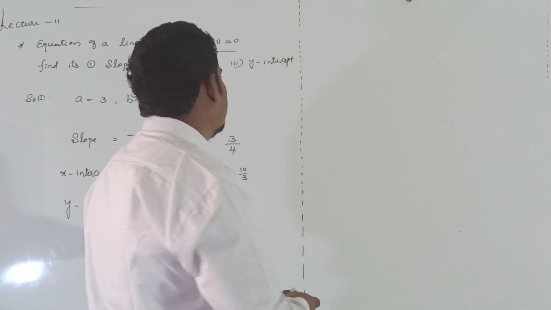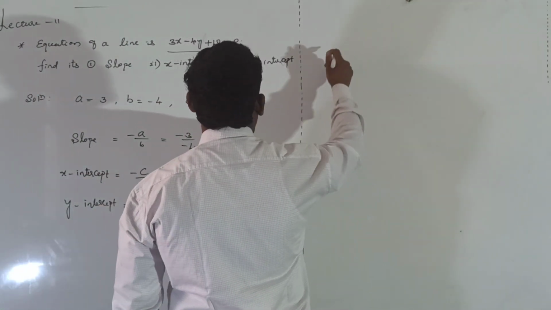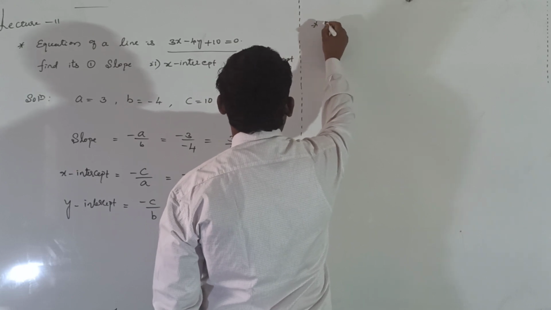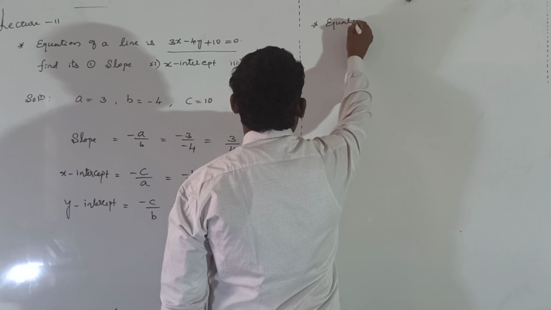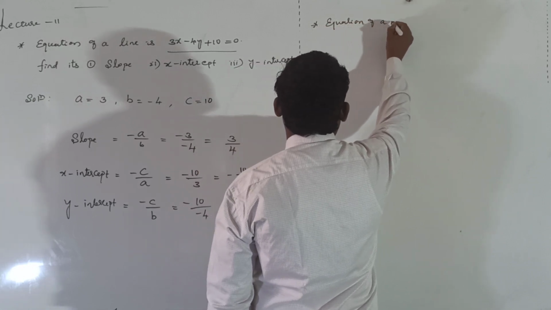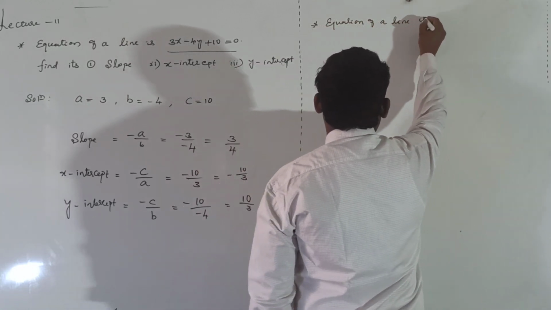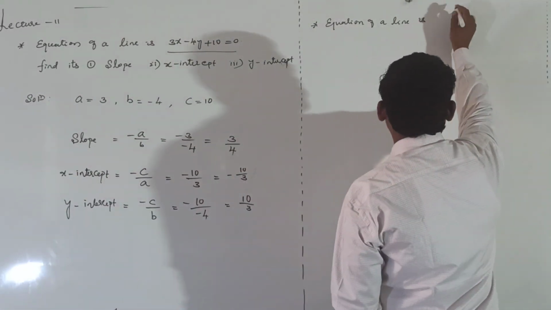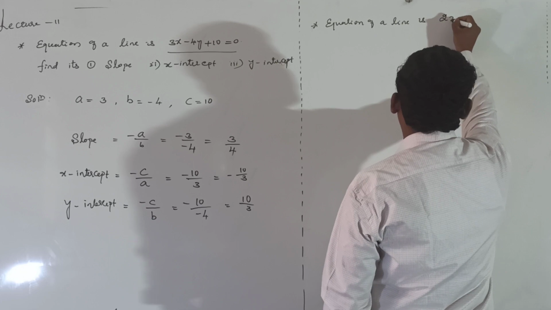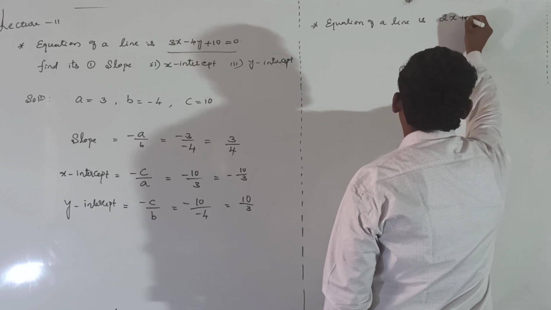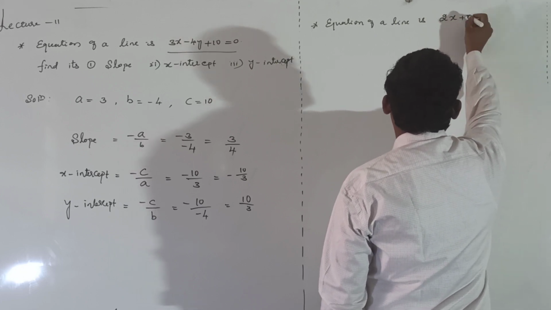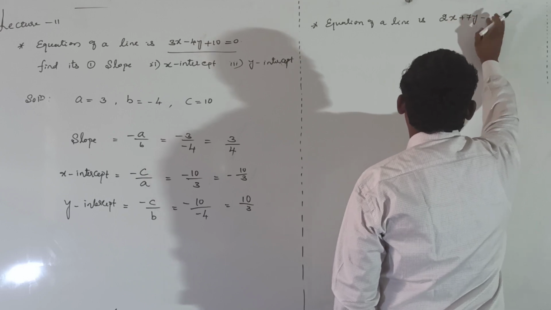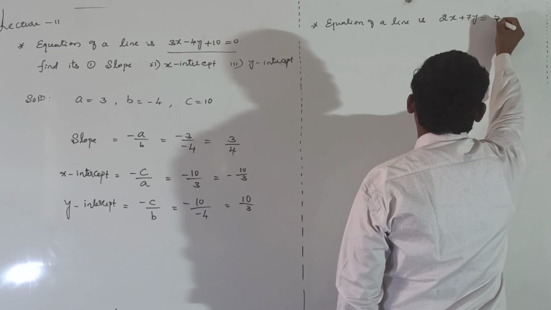Next question, next problem. Equation of a line is 2x plus 7y is equal to 5.